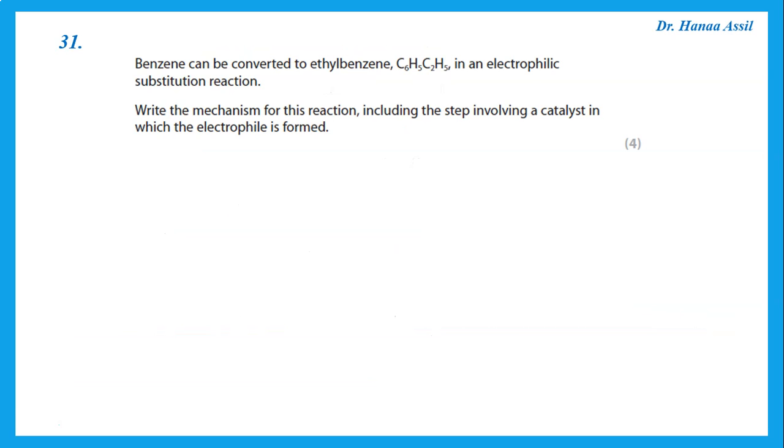Benzene can be converted to ethyl benzene. So we can put an ethyl group, C2H5, on the benzene in an electrophilic substitution reaction. Write the mechanism for this reaction, including the step involving a catalyst in which the electrophile is formed. You should know that in order to put the ethyl group on the benzene ring, that means we're starting with the ethyl group bonded to a chlorine.